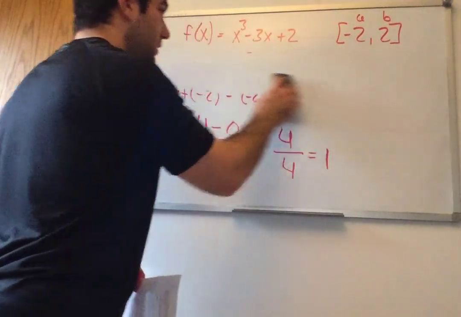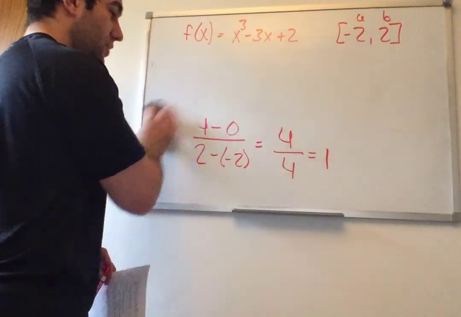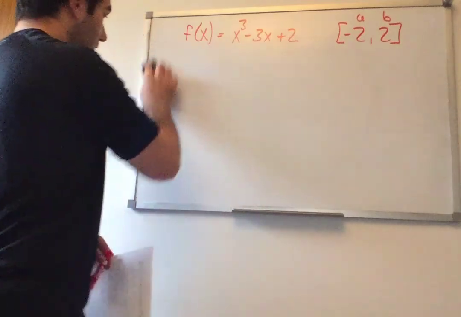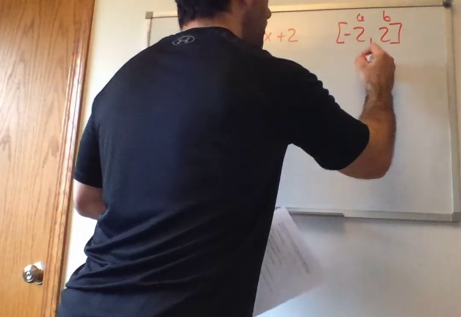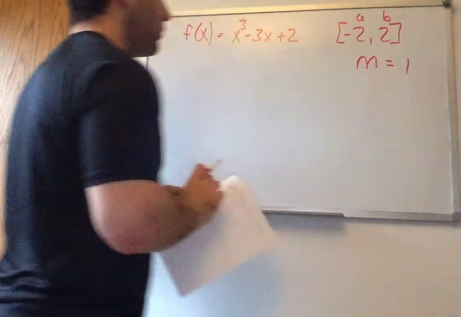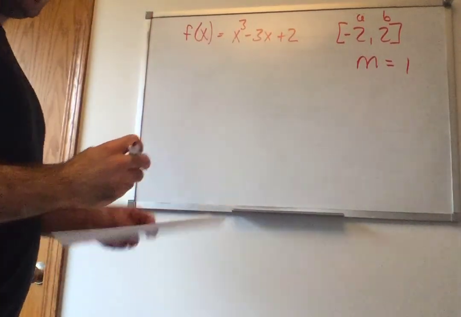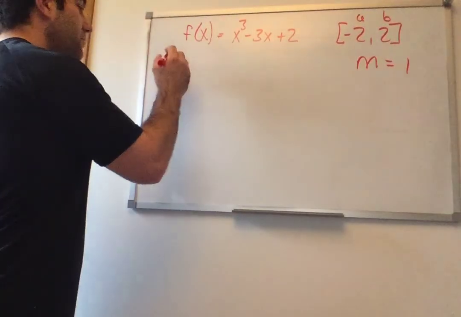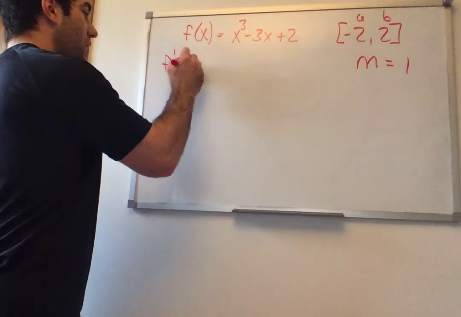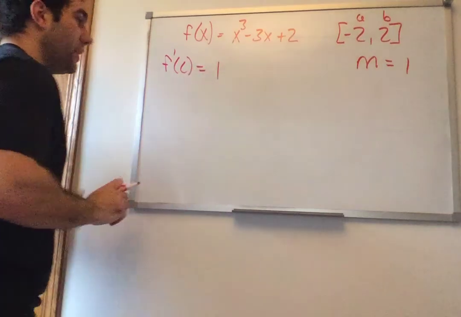Okay, we don't need these. We already have our slope. I'll rewrite it up over there. m is equal to 1. So according to the mean value theorem, there is some c number such that f prime of c is equal to 1.